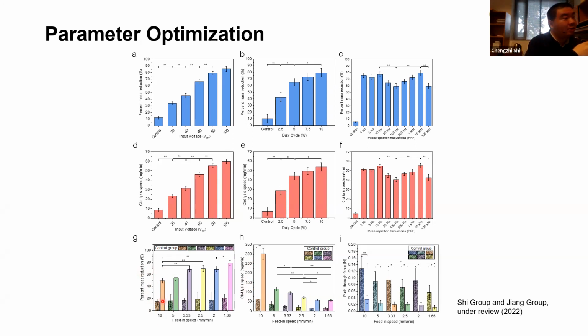So what ends up is you will have a much narrower channel, which is not good for the treatment. So eventually we choose to use 3.3 millimeter per minute for our feeding speed. And you can see that this will also give us a reasonable push through force. Hopefully this doesn't damage the vessel wall.